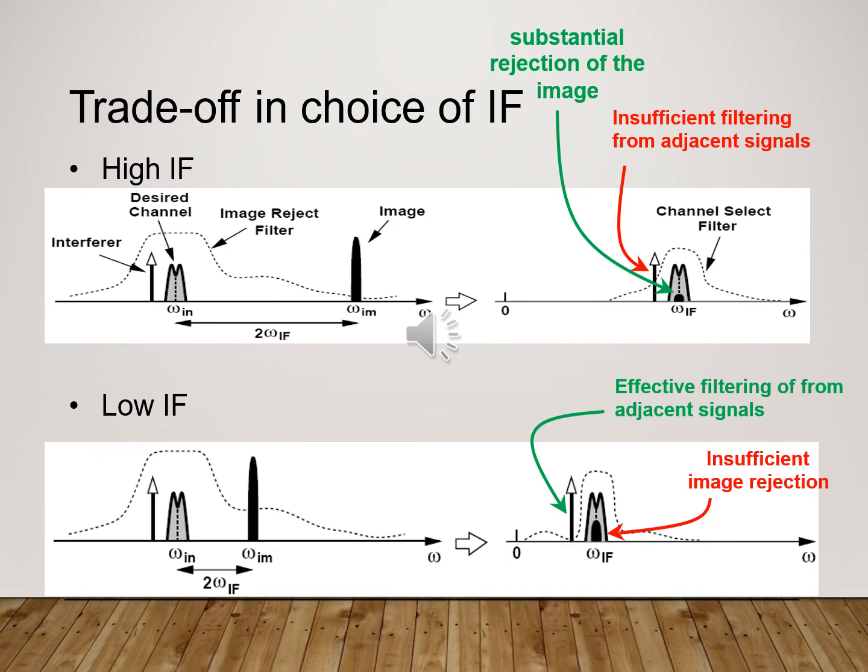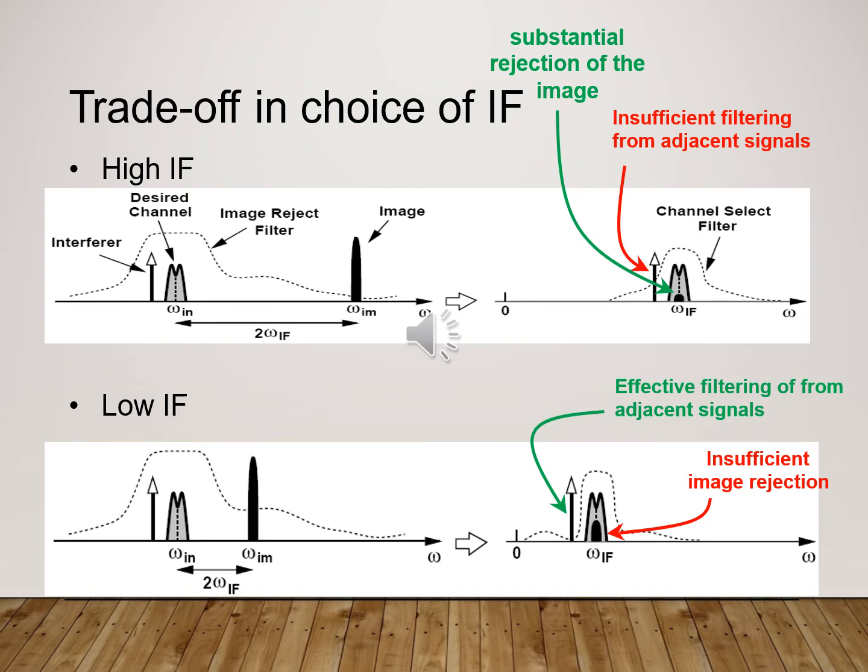Then when we apply the filtering and try to get the desired signal, as you can see, insufficient filtering of adjacent signals or interference is a problem at high intermediate frequency. In low intermediate frequency, interference can be mitigated by filters to a good level, so there is effective filtering of adjacent signals as well.